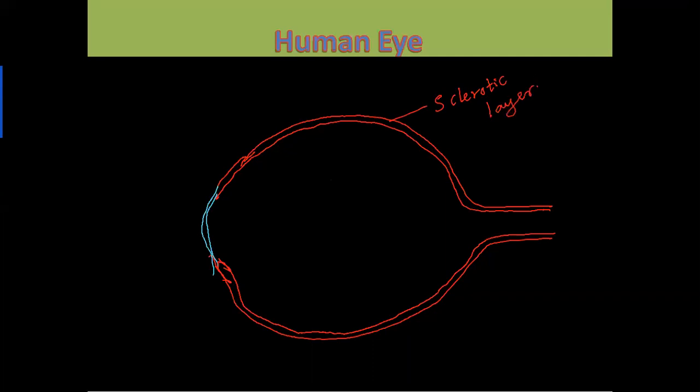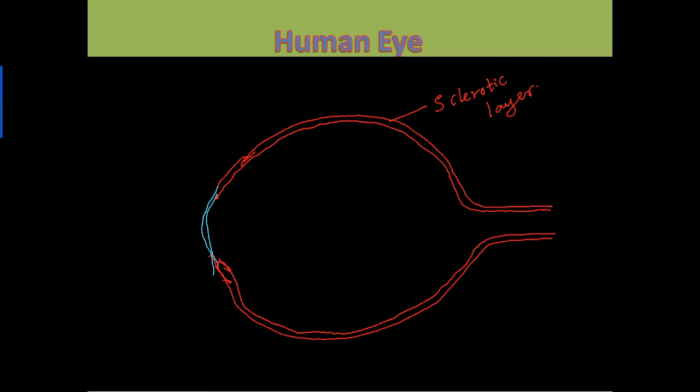The sclerotic layer is the white outermost layer of the eye, and light does not penetrate through it. Then the cornea: the sclerotic layer in front of the iris becomes thin and transparent, forming the cornea. This is the cornea of the eye.